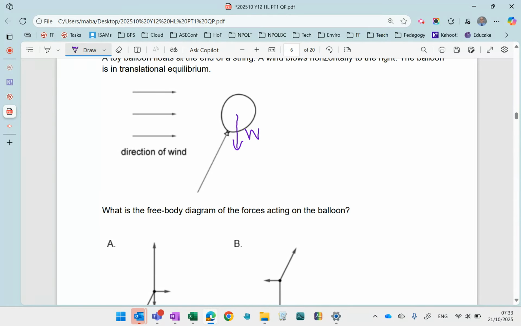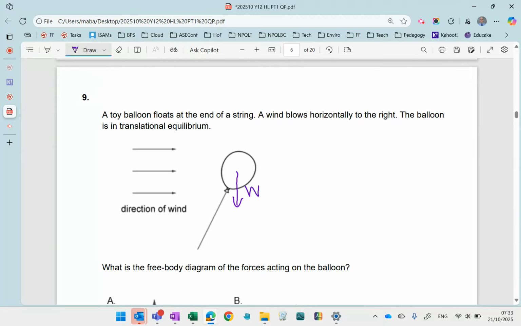That's not going to be a hugely long force because it's a balloon, right? We can see that it's in translational equilibrium, and that means that the sum of all the forces needs to be 0, right?